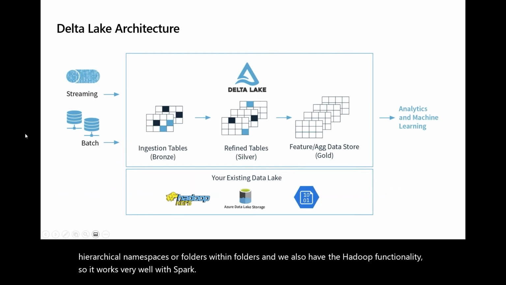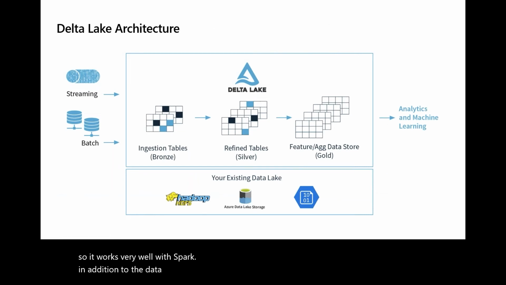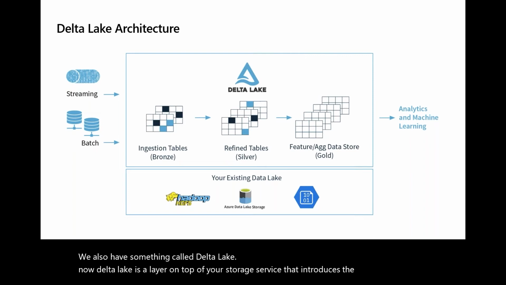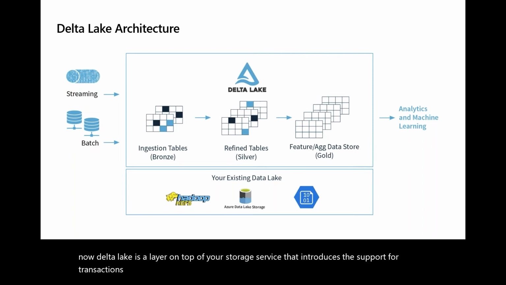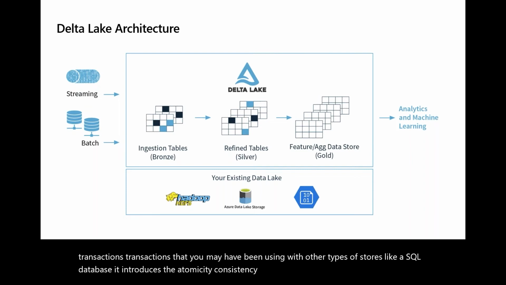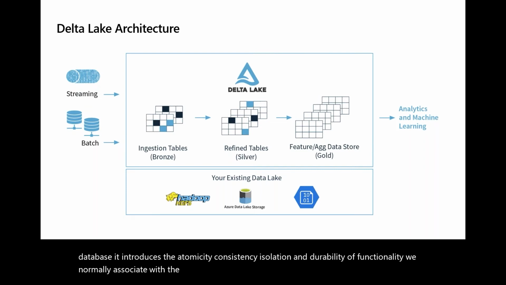In addition to the data lake storage service, we also have something called Delta Lake. Now, Delta Lake is a layer on top of your storage service that introduces the support for transactions that you may have been using with other types of stores like a SQL database. It introduces the atomicity, consistency, isolation, and durability functionality that we normally associate with the ACID acronym.